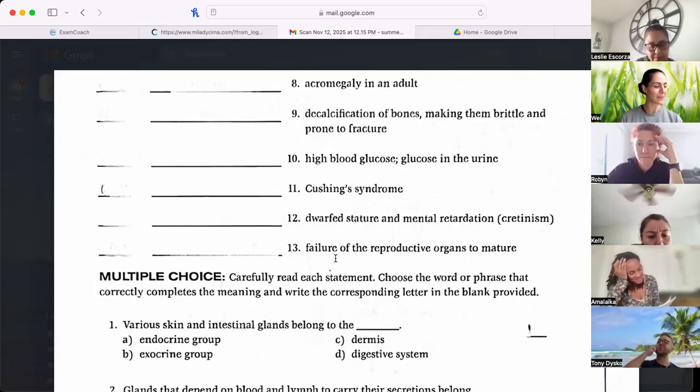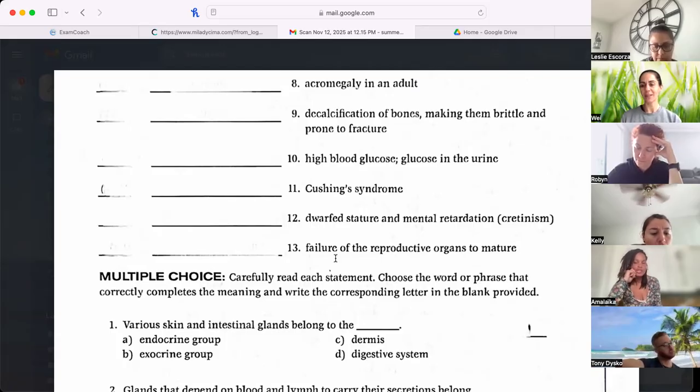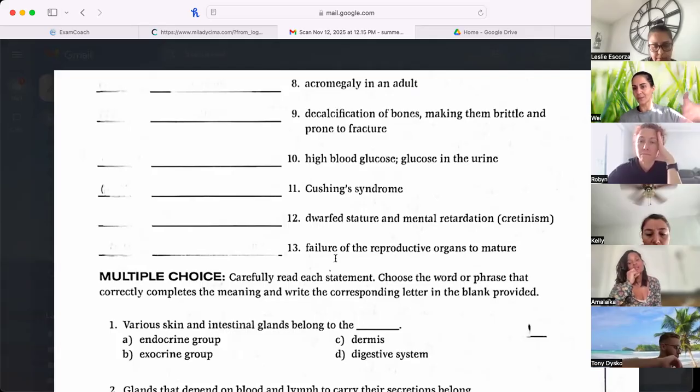Next, what do you think? Since it has to do with reproductive organs, you would think it would be the pituitary. No, let's think about this. Pituitary is really high, and reproductive is really low. Usually the gland will have function in that zone, and sometimes through other glands it can transfer to different areas of the body. But this one has to do with making a baby.